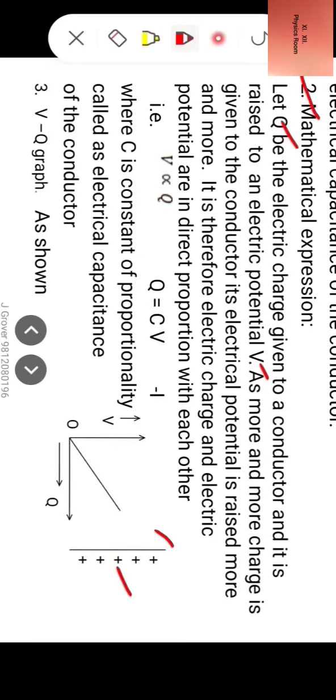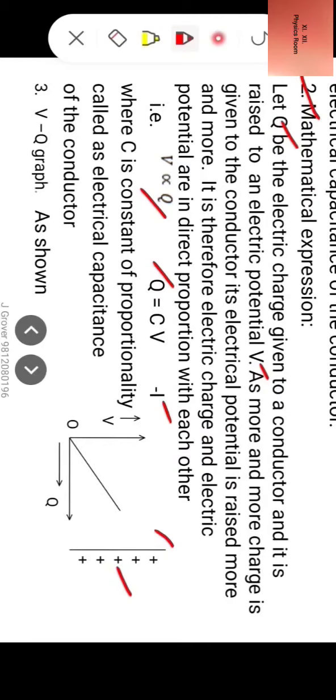It is therefore electric charge and electric potential are in direct proportion with each other. That is, V is directly proportional to Q, or we can write Q is equal to CV. Let us mark it as equation 1, where C is the constant of proportionality called electrical capacitance of the conductor.